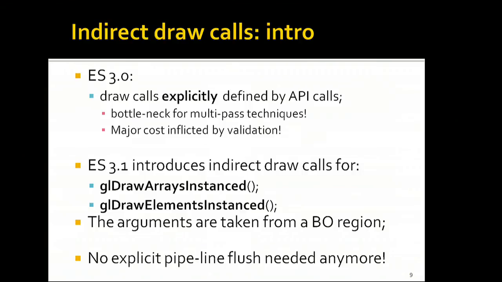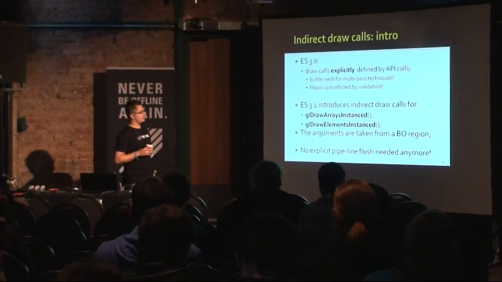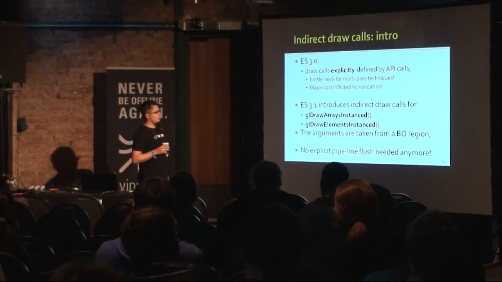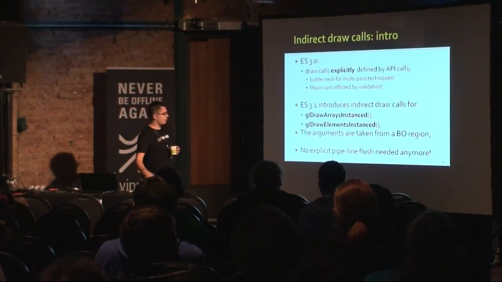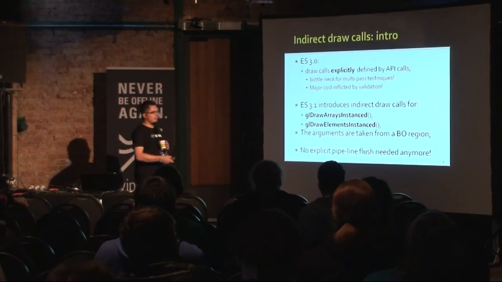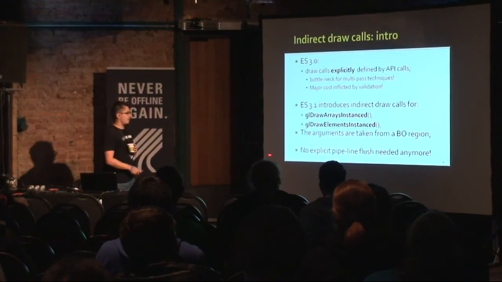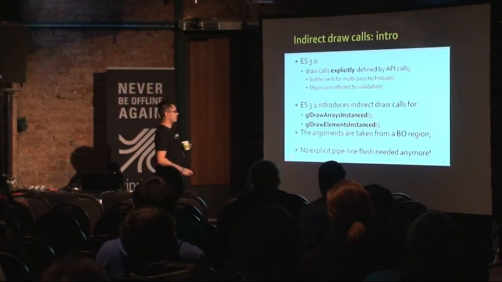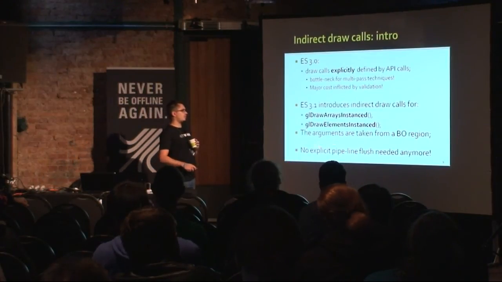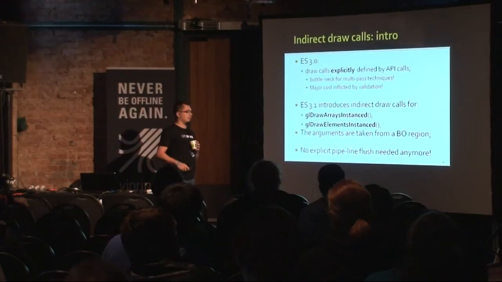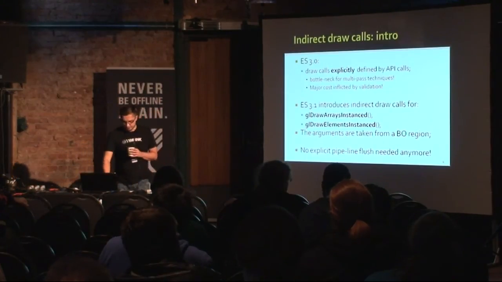This is glDrawArraysInstanced and glDrawElementsInstanced. So the arguments that you would normally pass as arguments are actually taken from a buffer object region instead. This also implies that a draw call does not really require an explicit pipeline flush, which is a good thing.